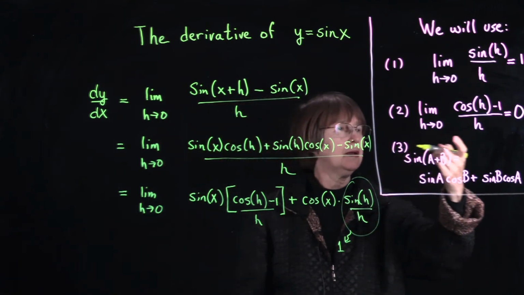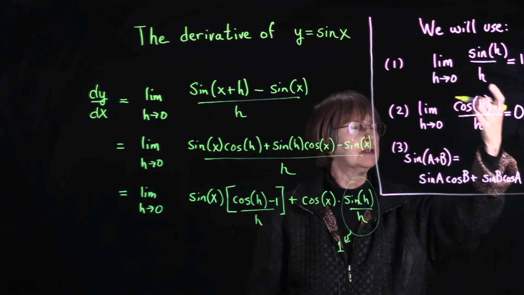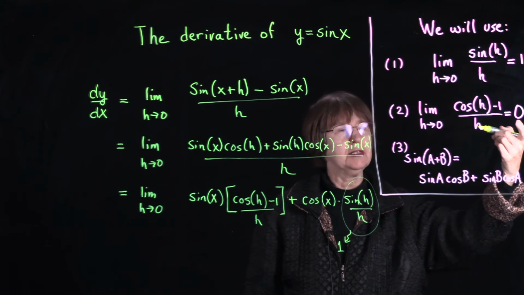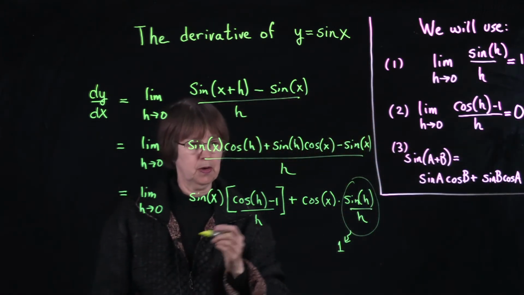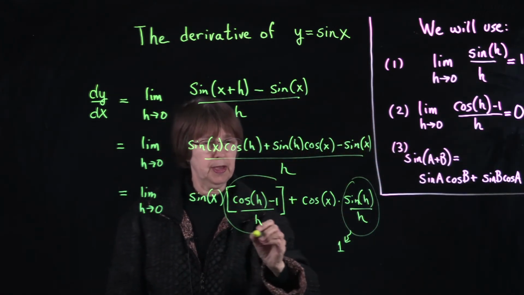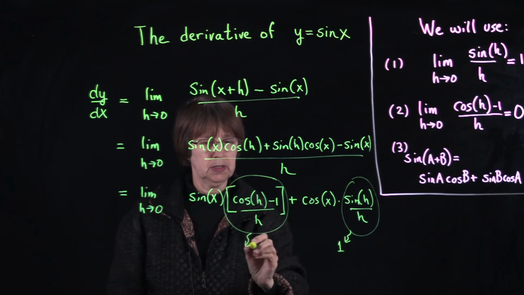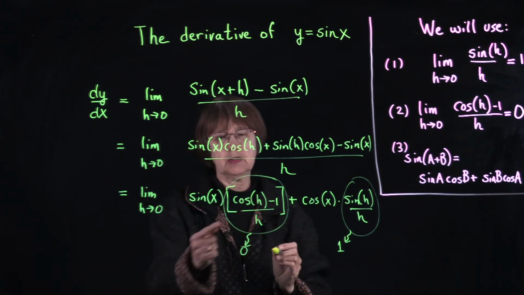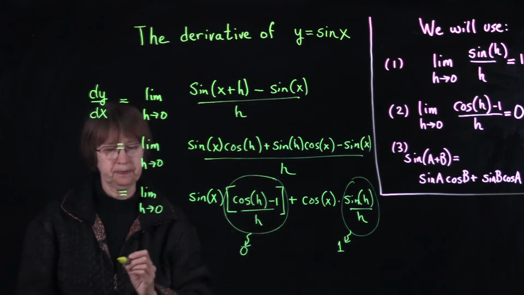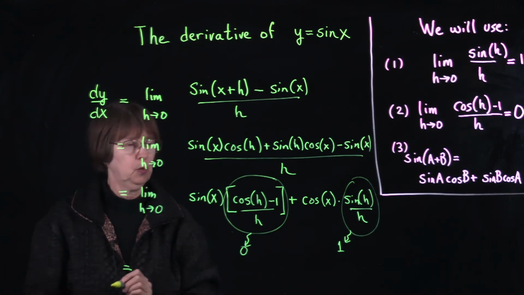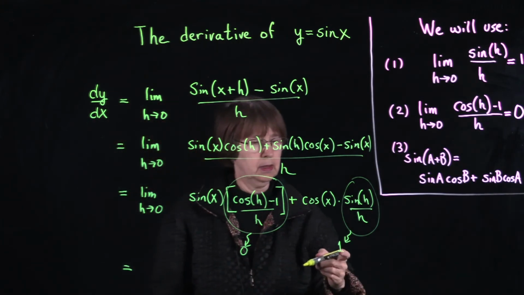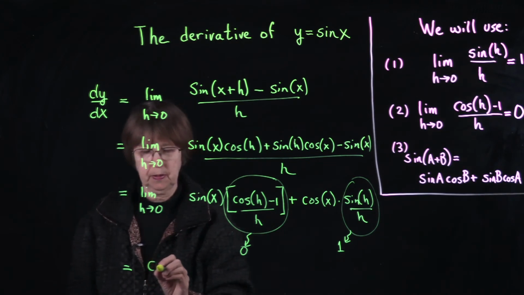At the same time, we have another limit that tells us that this expression tends to 0 as h goes to 0. And that tells us that this whole thing will go to 0, and in fact, this whole factor will disappear. So all in all, when we evaluate that limit, we get simply cosine of x.